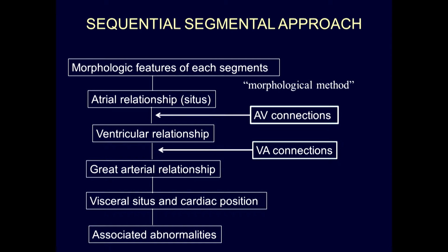And then we can establish the atrial relationship or situs. The next step is ventricular relationship or ventricular topology. Then we pay attention to the mode of atrioventricular connection. After identifying the great arteries, we can also establish the mode of ventriculo-arterial connection. And then we can describe visceral situs and associated cardiac anomalies.